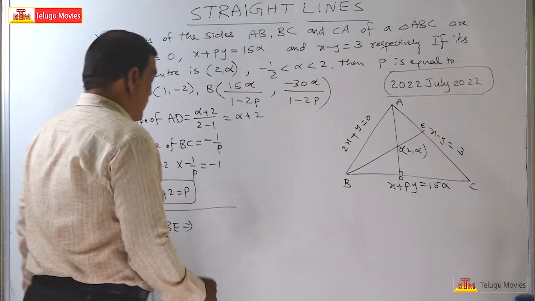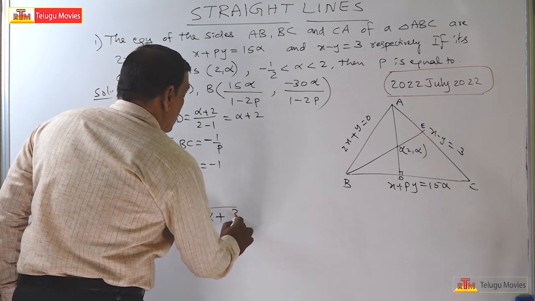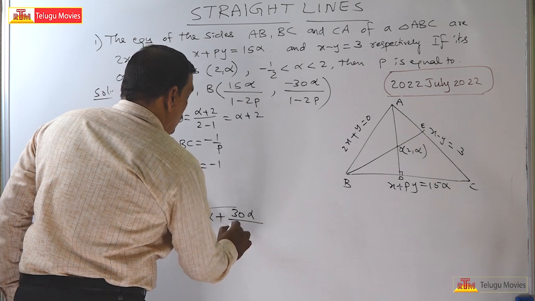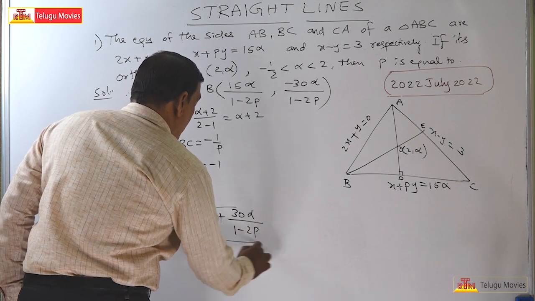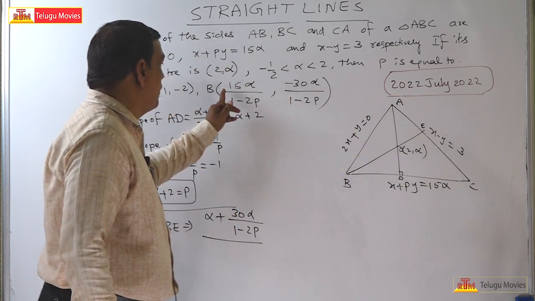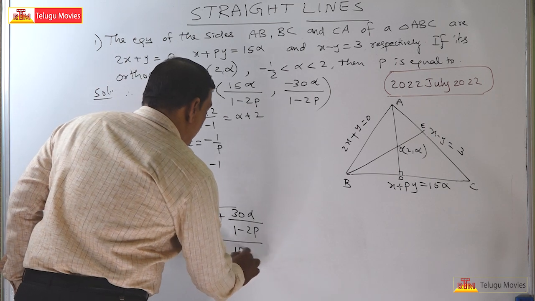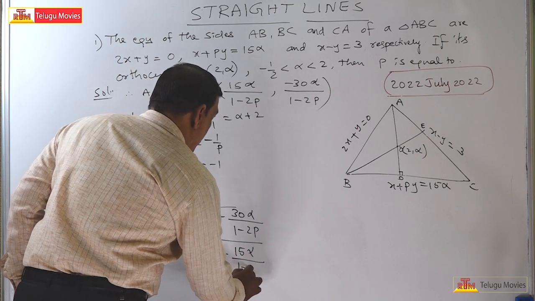So y2 minus y1 is alpha plus 30 alpha by 1 minus 2p, upon x2 minus x1, 2 minus 15 alpha by 1 minus 2p.